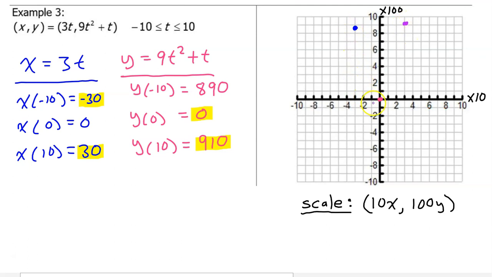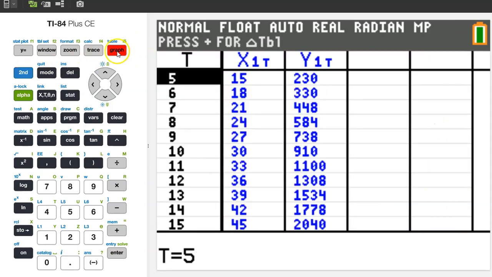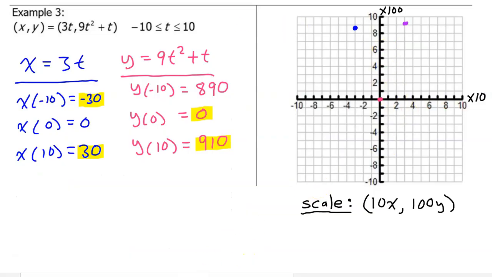We know this is going to be a parabola shape, so I could sketch it right now, but if we go back to the calculator and use the table feature, second table, we can get a few more points. So for example, when t is 5, x is 15, and y is 230. Alright, so let's squeeze that in there.